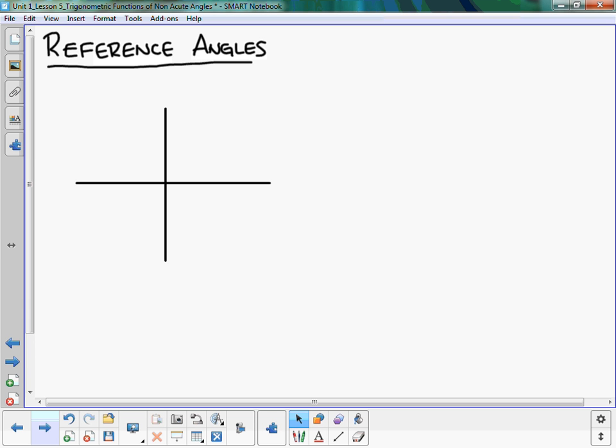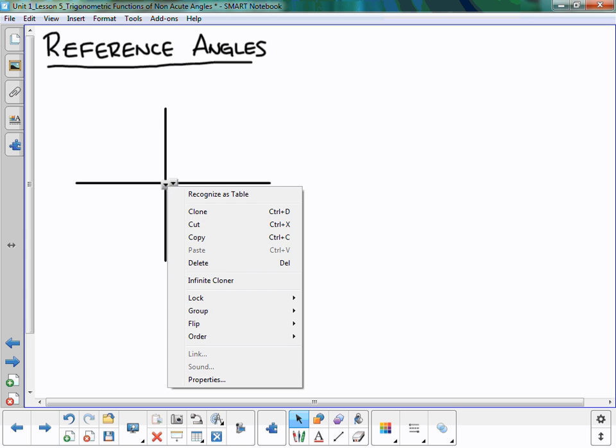So before we can find sine, cosine, tangent, cotangent, and the rest, we have to first talk about reference angles.